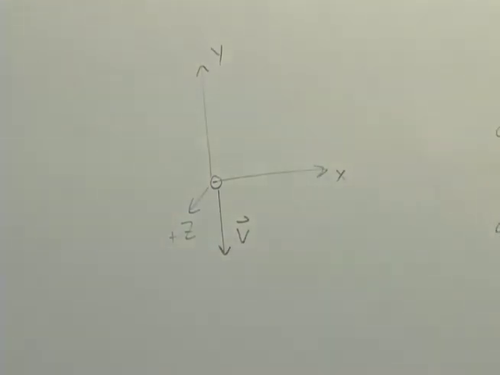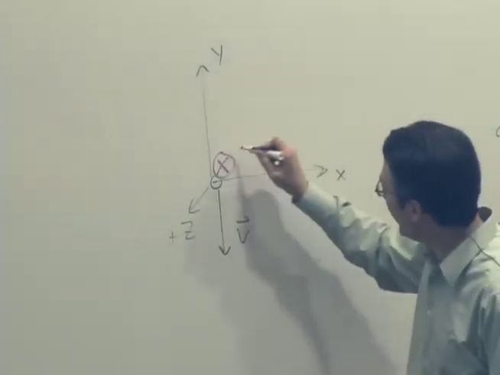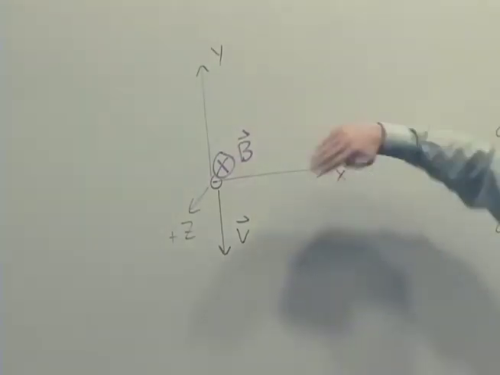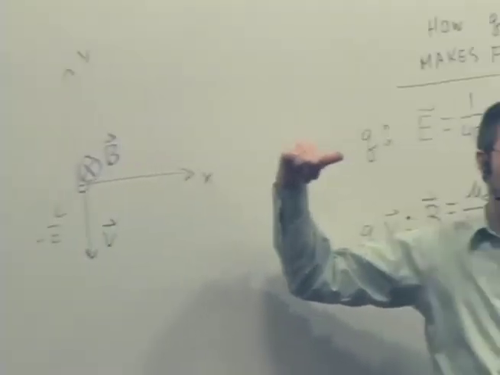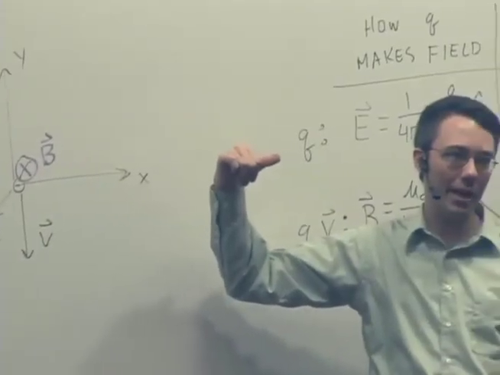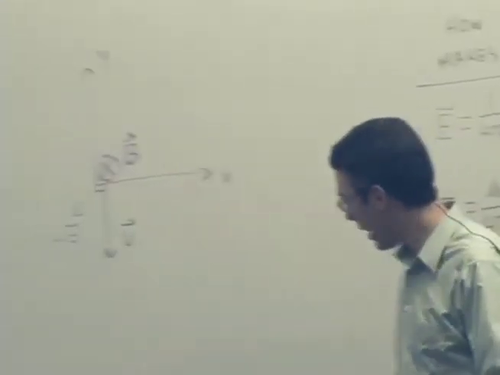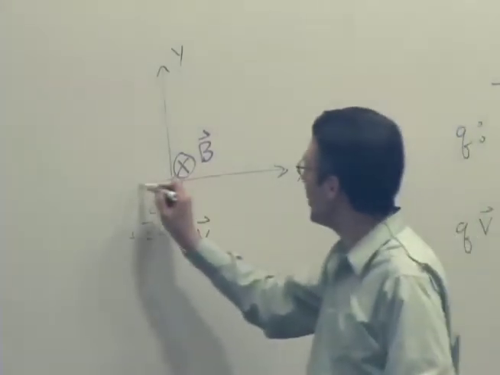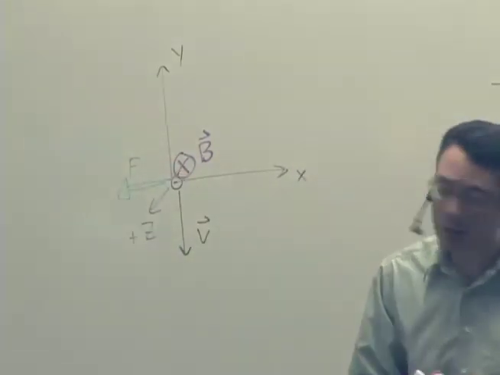And the magnetic field at that location is negative z, so B is pointing into the board. V cross B gives me positive x, but I multiply by the charge of an electron, so the force is in the opposite direction, negative x direction. So the force is going to end up that way. Okay, so answer 2 is correct.